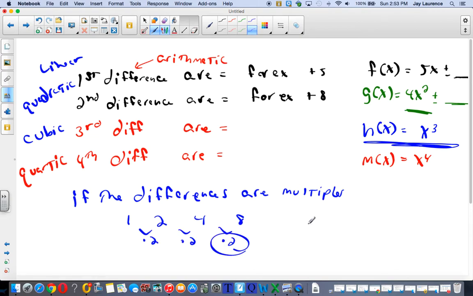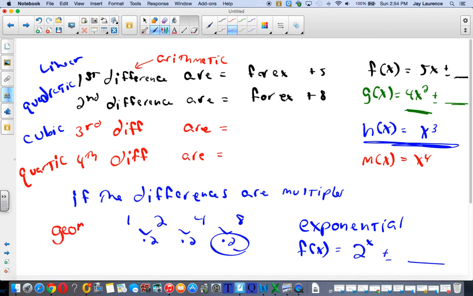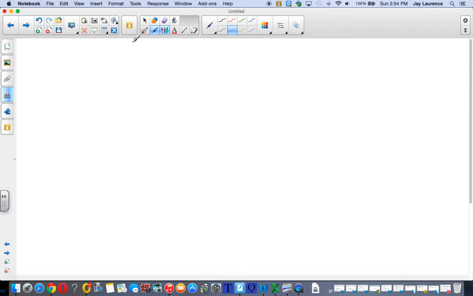Okay, it's exponential, it's an exponential function, and then we do something like f of x equals, and we take what the multiple is, 2, and we raise it to the x power. And then again, there might be plus or minus something after here. All right? And this is where the geometric sequence comes in. We can use the formula on it. It might be easier. In fact, it's a lot easier.